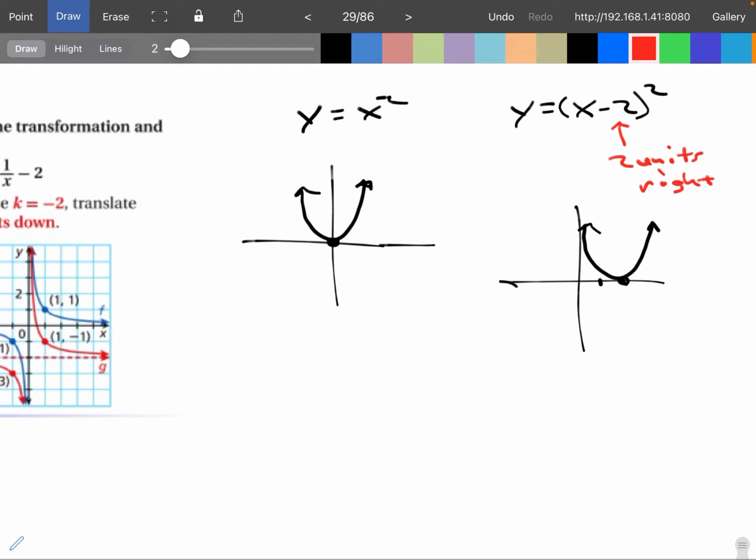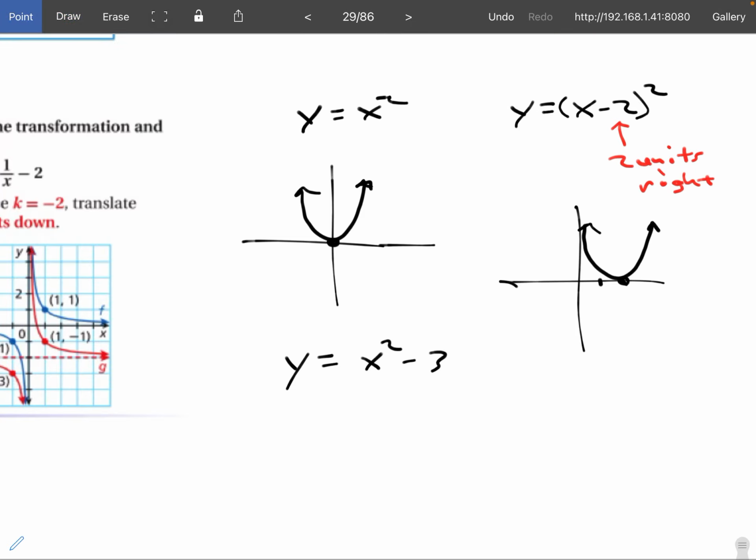the other one you could have is we did ones that were like y equals, oh, I don't know, x squared minus 3. Now this one's different, okay? The previous one was the number added to or subtracted from the x.